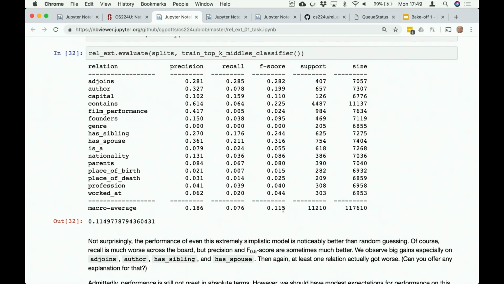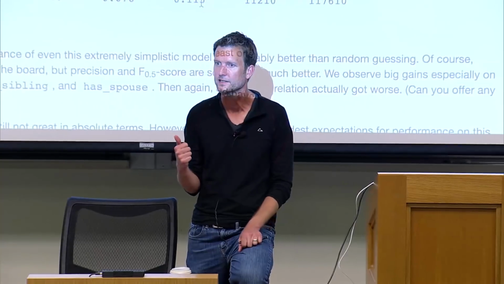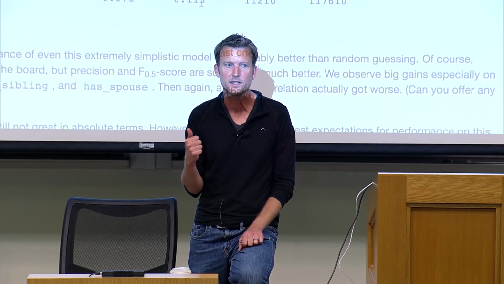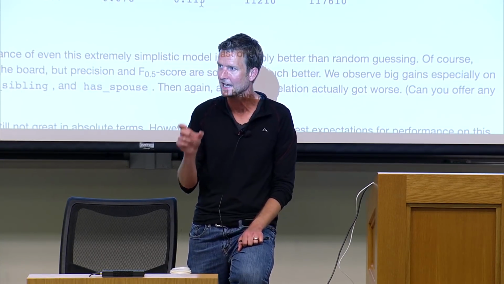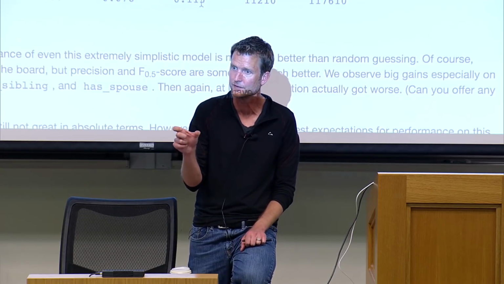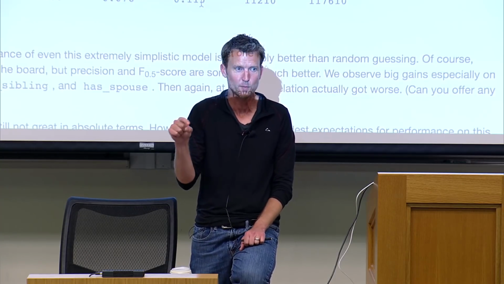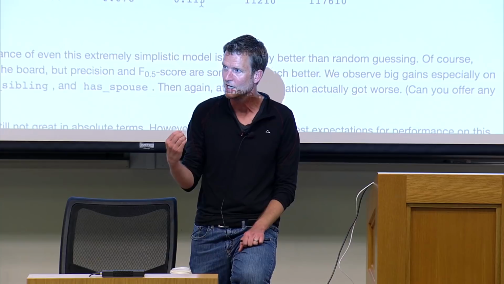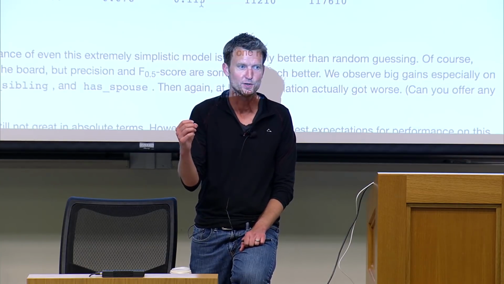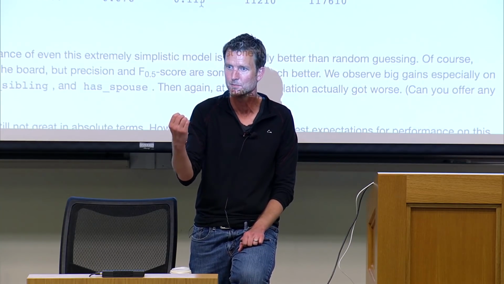And actually, you should have modest expectations for how we're going to be able to do on this task on this data set. We're going to have trouble getting great precision because the KB is incomplete. There could be some relational triples that actually are true in real life, and there are sentences in the corpus that tell us that they're true, but we can't measure that they're true because they're not in the KB.